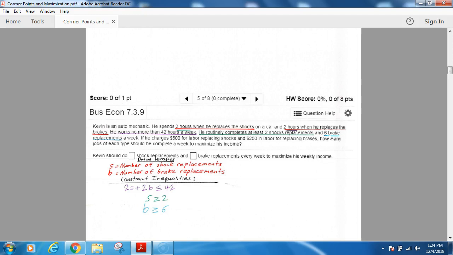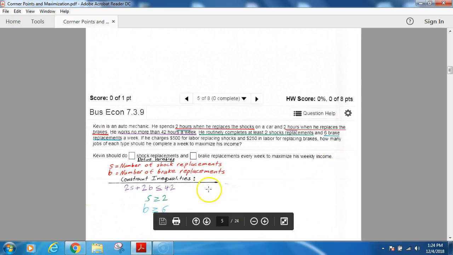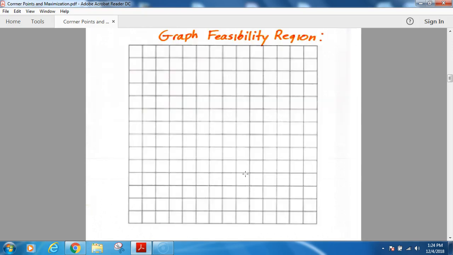Alright, so I mentioned before that now that we came up with our constraint inequalities, what we want to do is graph them to find a feasibility region. So let's look at that now. Again, what we want to do is find a feasibility region right here. The first thing is that we don't have just normal XY axes.